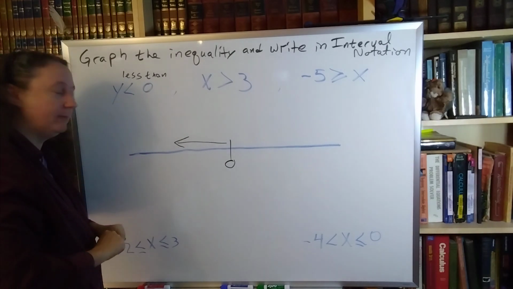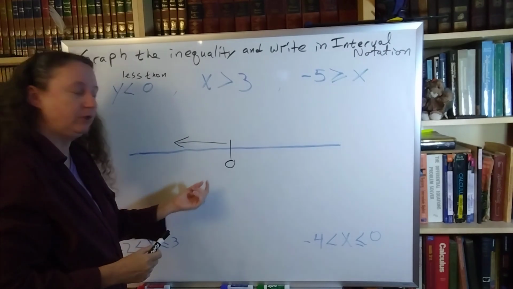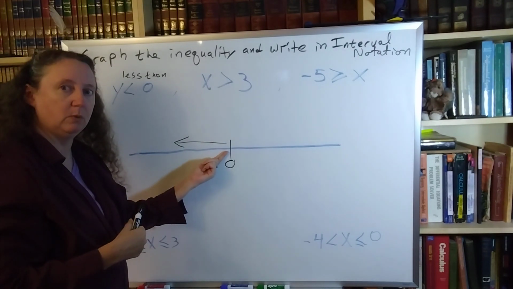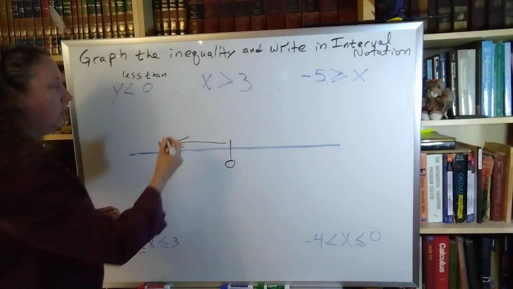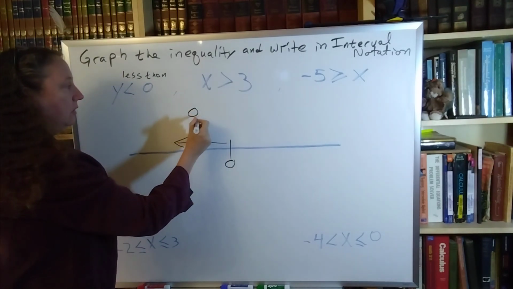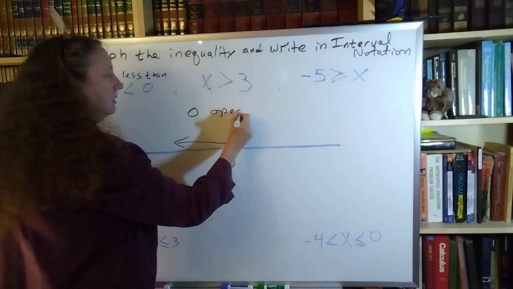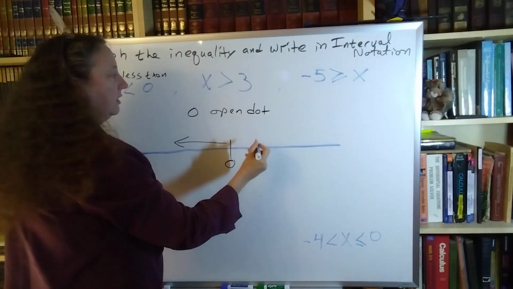The other thing we have to think about is what type of notation do we want to use at the point where it is the 0? Are we looking for the open and closed dots? Open dot does not equal.